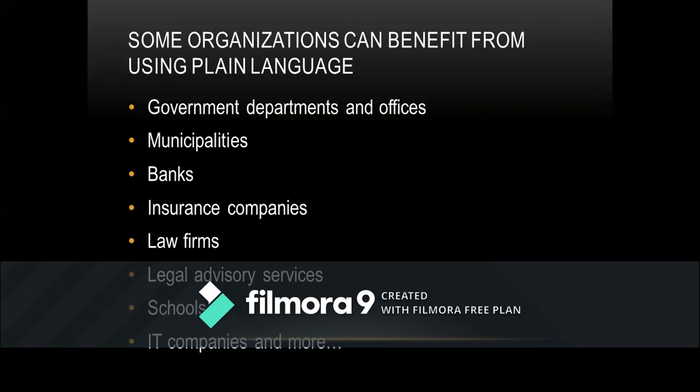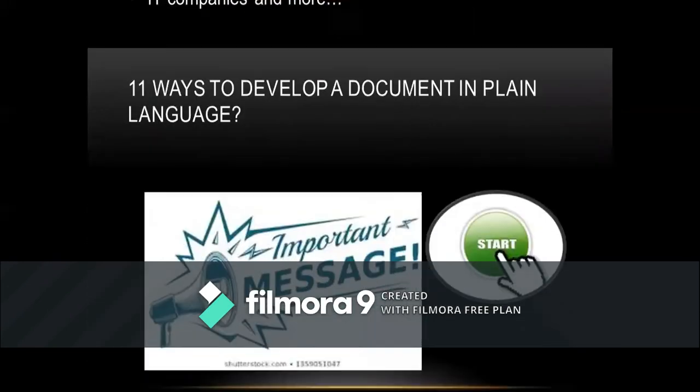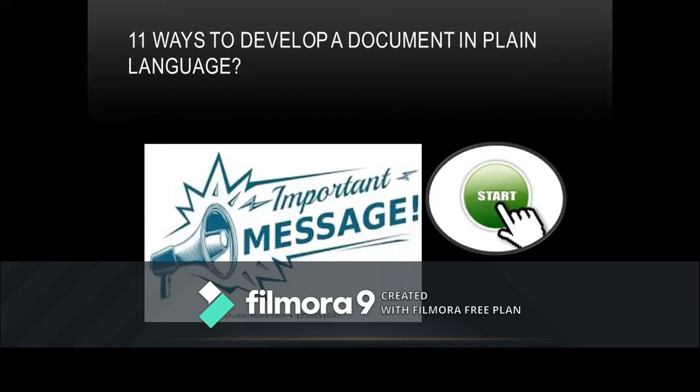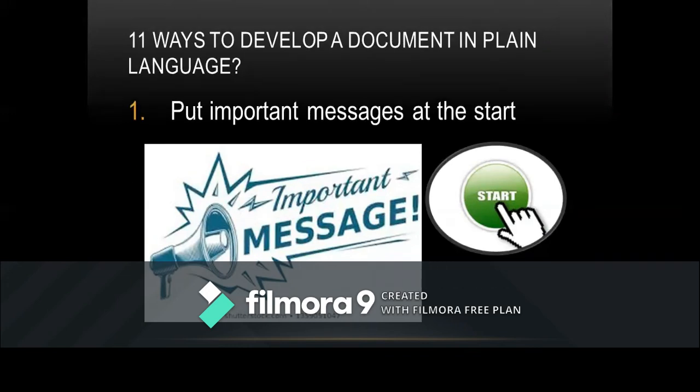Okay, so plain language. Right now, there are 11 ways to develop plain language. Okay, so kita niya, important message start. So meaning, put important messages at the start. Okay, so una, yung importante.